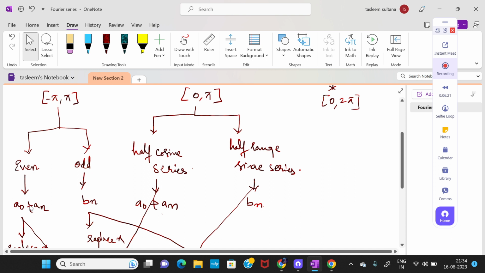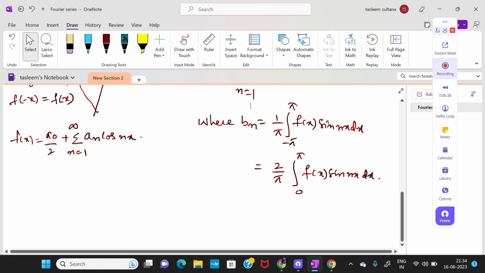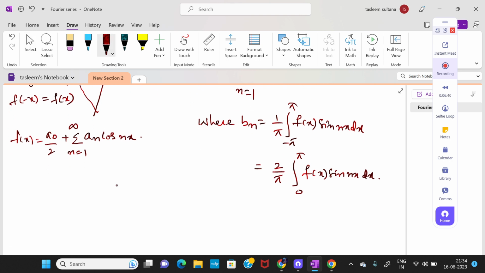When your function is even and it's a half range cosine series, then you have to find a naught and an. Your series formula will be f of x equals a naught by 2 plus summation n equals 1 to infinity an cos nx, where a naught is 1 by pi integrating 0 to pi f of x into dx.